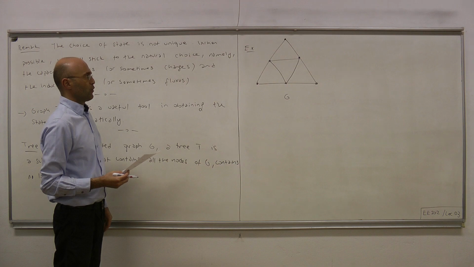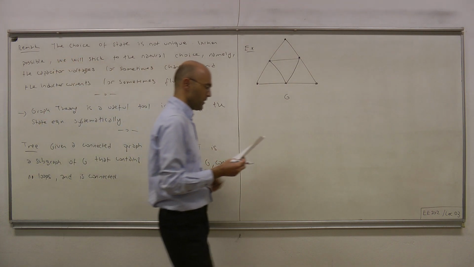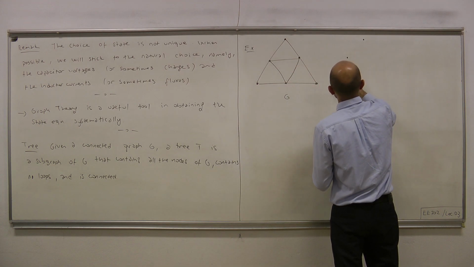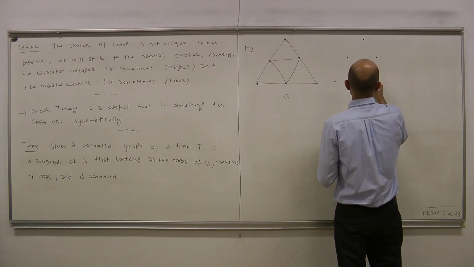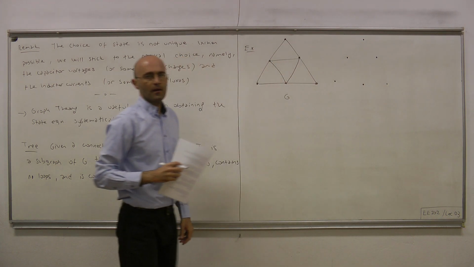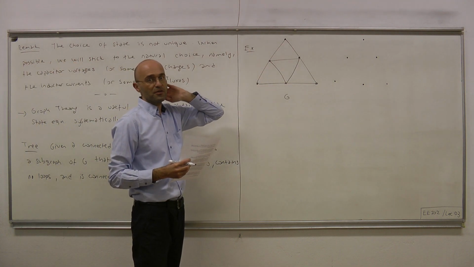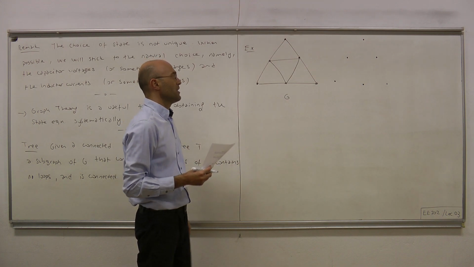Okay. For our purpose, we don't have to label nodes and edges at this point. So whatever our tree is, it must contain all of these 6 nodes, and it will contain some of the edges such that it will be connected but contains no loops.